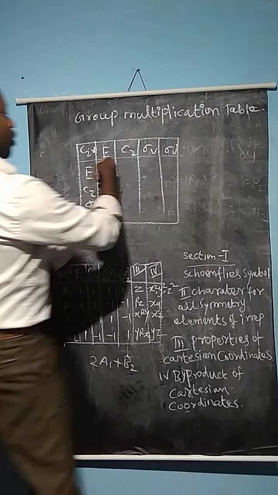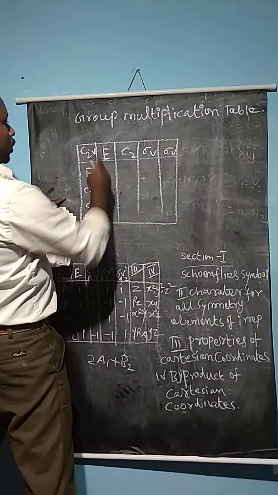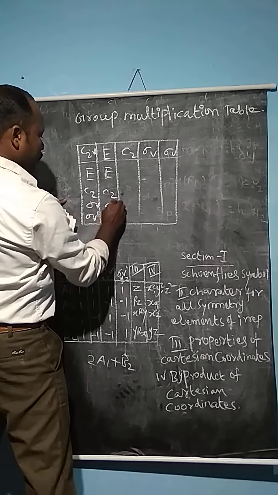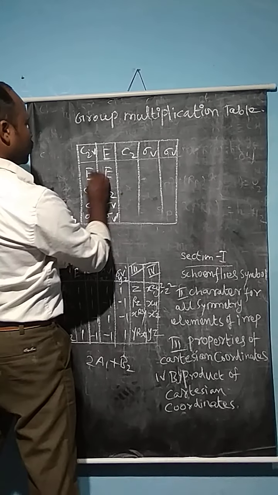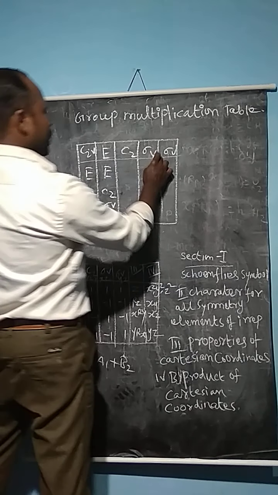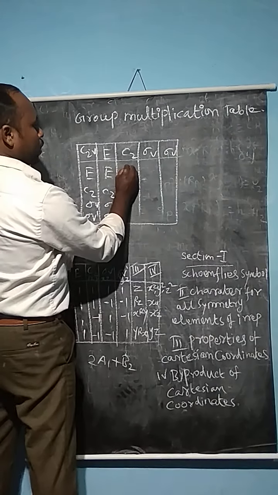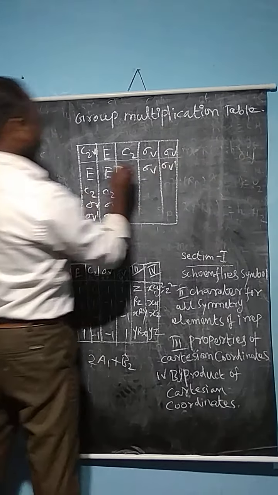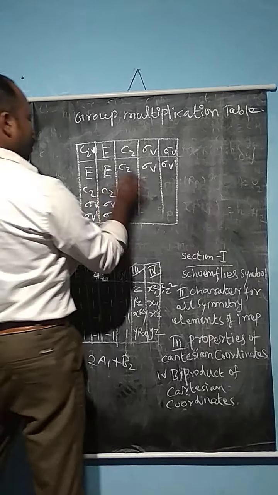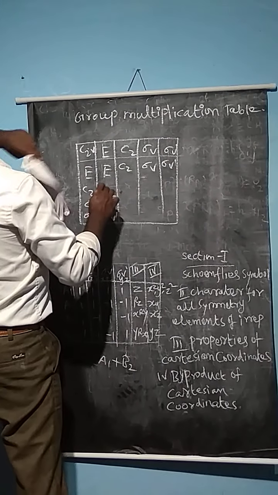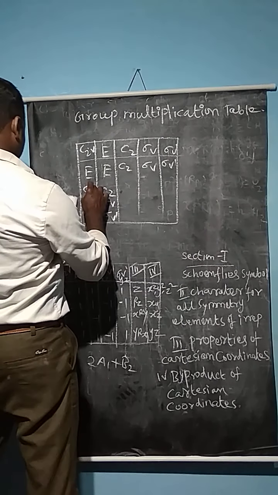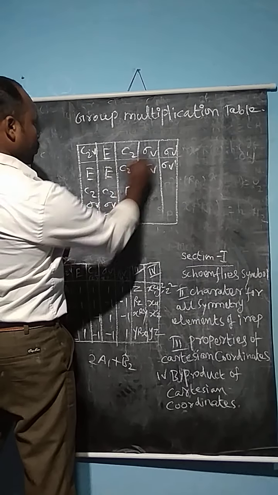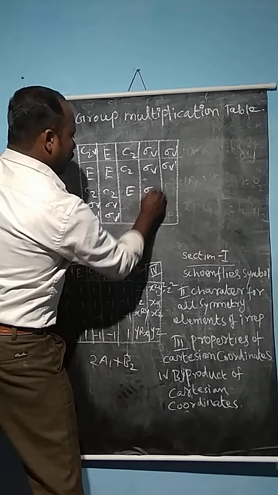The multiplication product of the first column and the first row gives the same values E, C2, sigma v, sigma v dash. If you multiply E with any value, you get the same value back. In the second row, C2 into C2 gives E. C2 into sigma v gives sigma v dash.